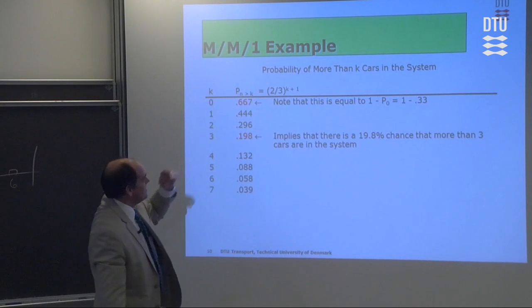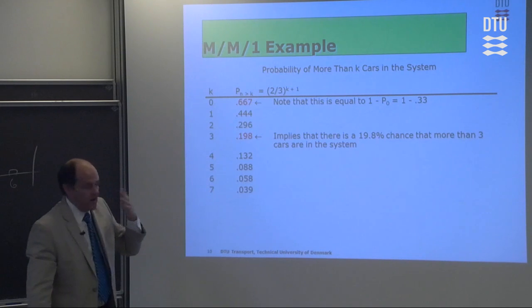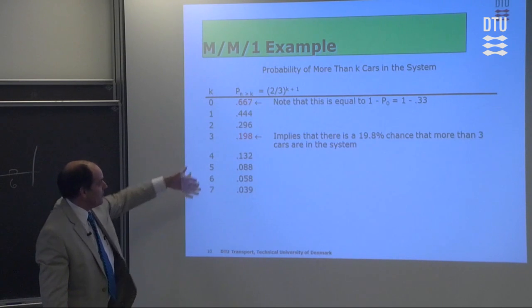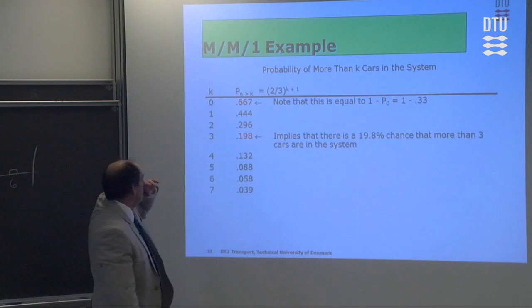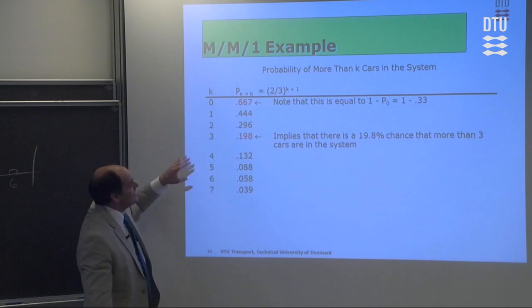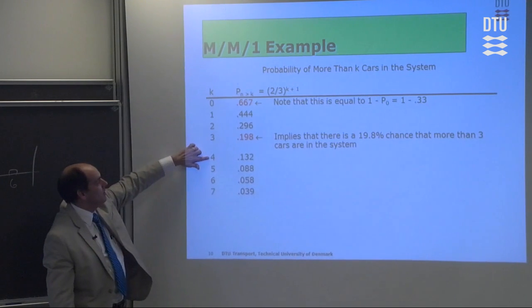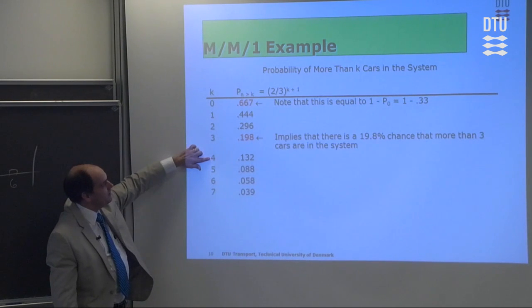Anyway, this is the probability of the number of things in the system. If we were at a hump yard or some kind of a platform track or station, we would be saying what is the probability of some number of trains in the station. And this is in the system. This is an MM1 queue. So how many cars in the queue? 13% probability that there are how many cars in the queue?